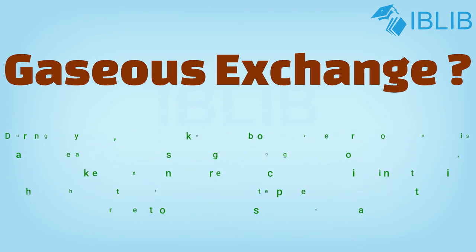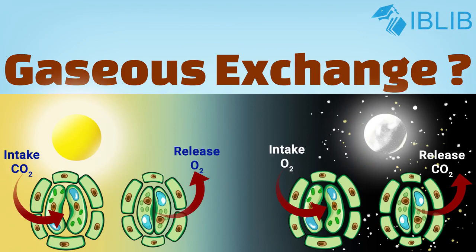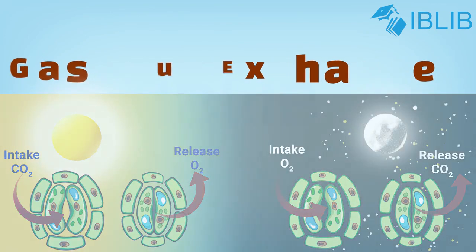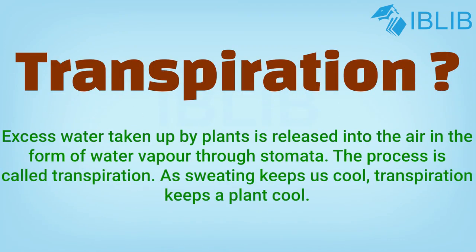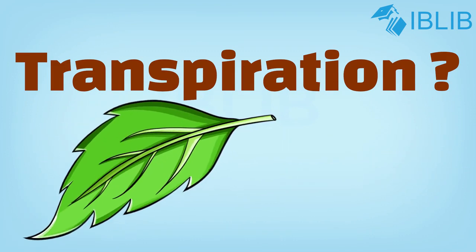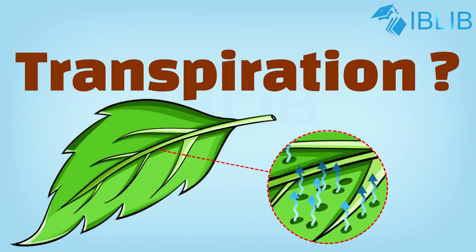Stomata are the small openings or small holes present on the inferior surface of the leaves. They help in transpiration and gaseous exchange. So here comes the third function of the leaf, that is transpiration. Excess water is released into the air in the form of water vapors through stomata. This whole process is known as transpiration.